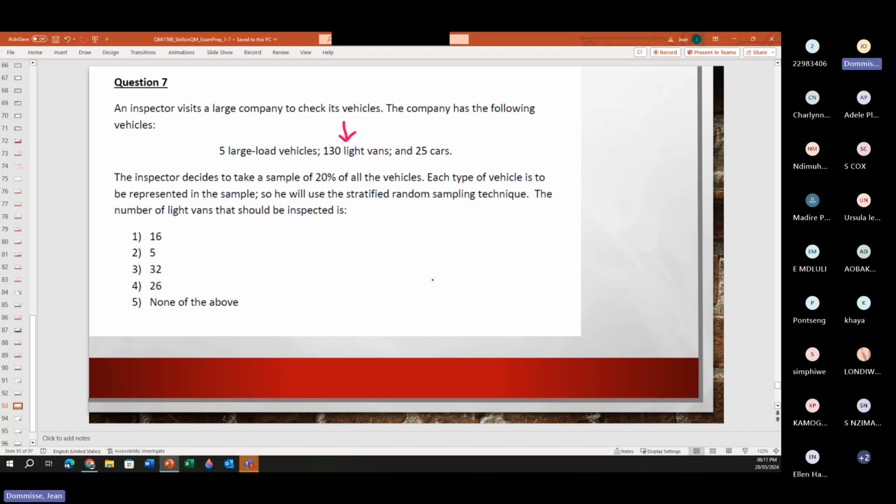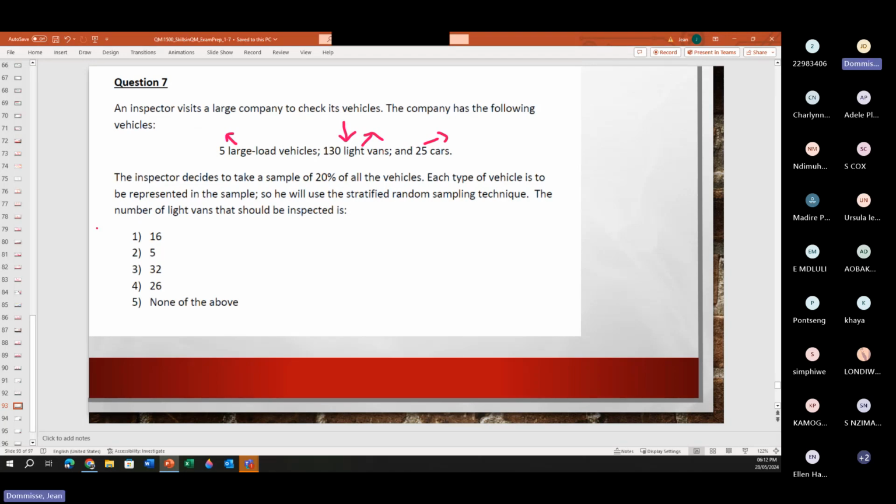Basically we need to take 20% of that, 20% of that, 20% of that to find out what our total sample would have been.